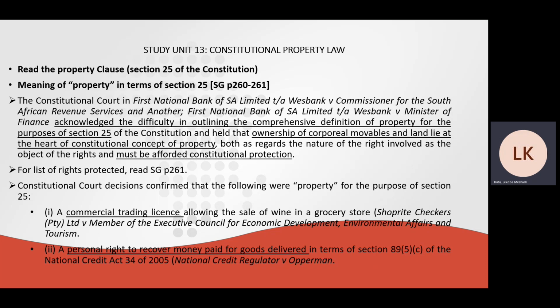There are other rights that are also protected under Section 25. If you go to page 261, you will find the list of those rights. And there are other constitutional cases that also confirm certain rights that are considered to be property and that deserve constitutional protection.